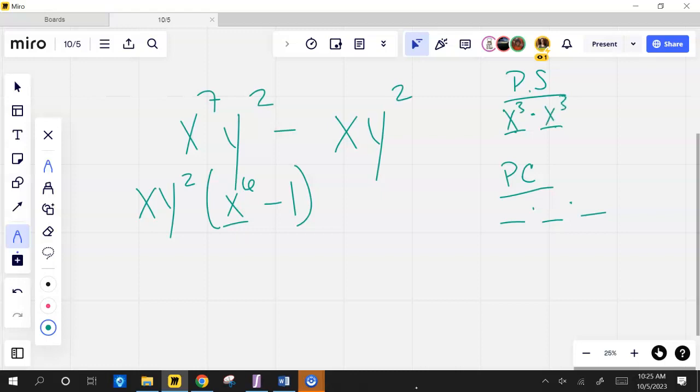What times itself 3 times gives you x cubed? x squared, x squared. Right. I would, if it was me, pick the cubes because that's probably going to factor us the furthest. It's going to give us the best information for what we're doing. That's what I would do.